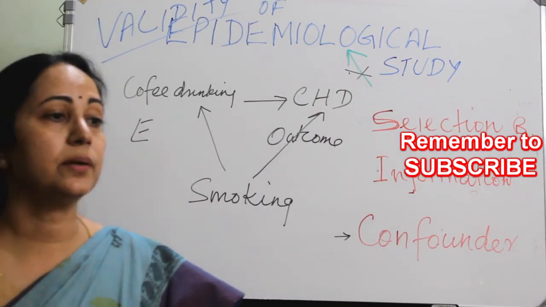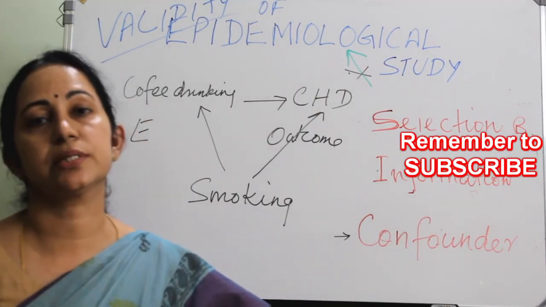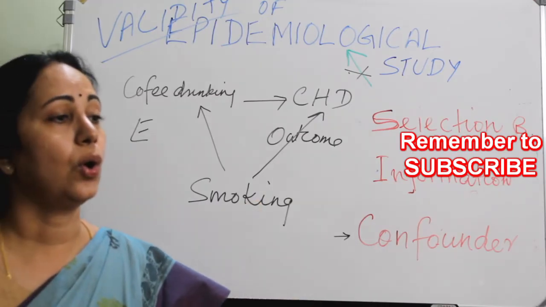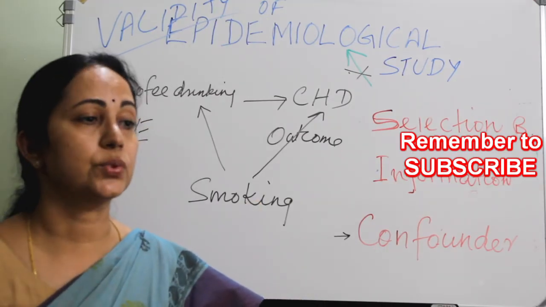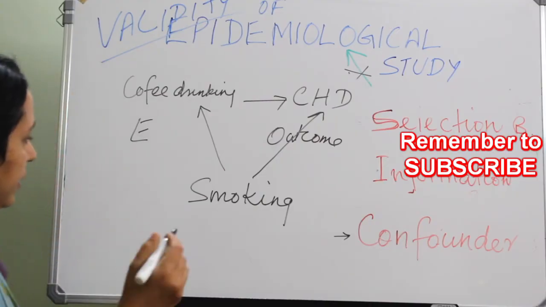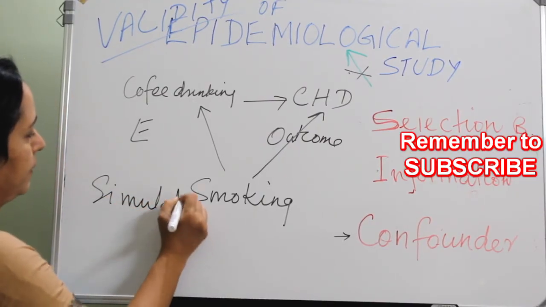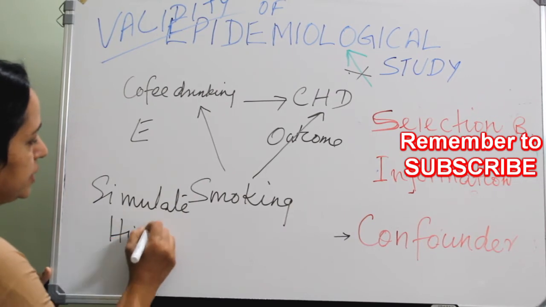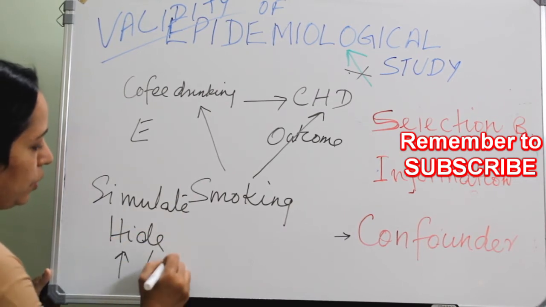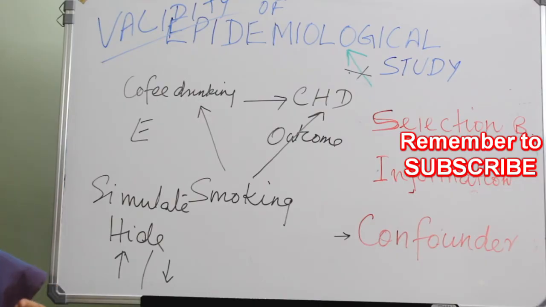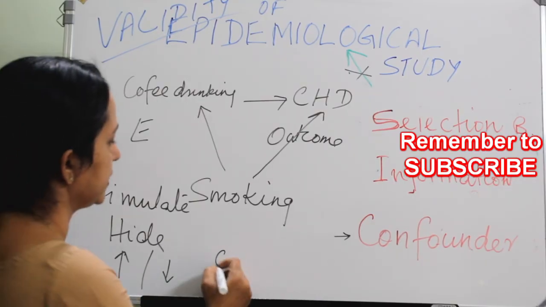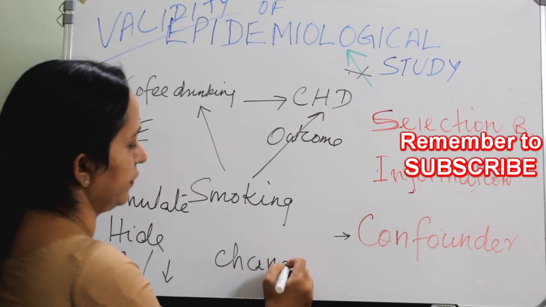So a confounder may simulate an association between exposure and outcome, or hide an association, or increase or decrease the strength of association, or change the direction of an effect.